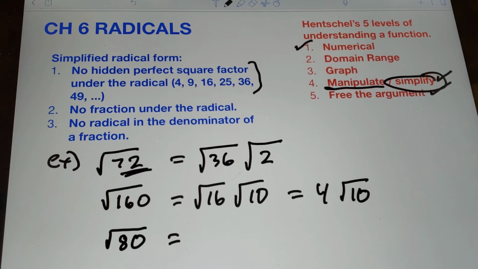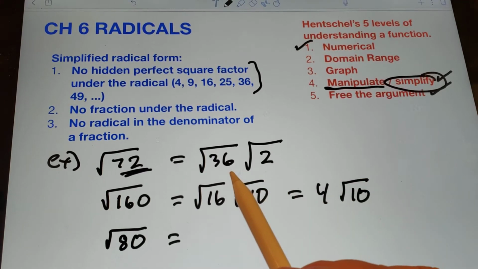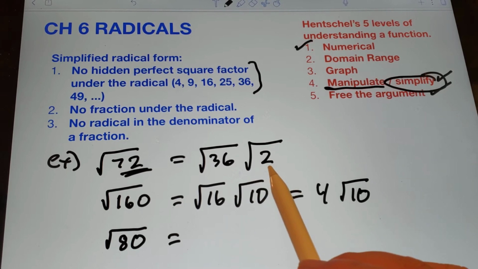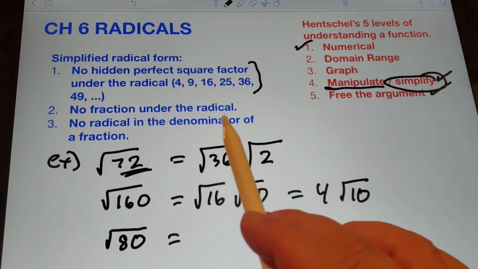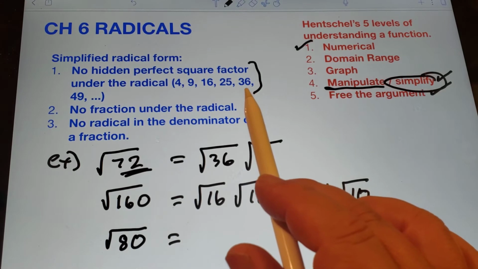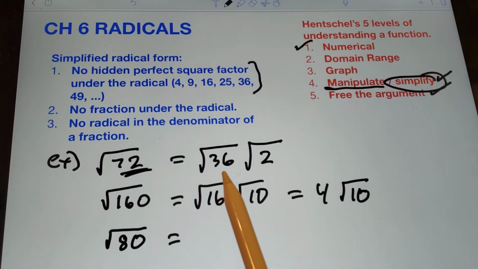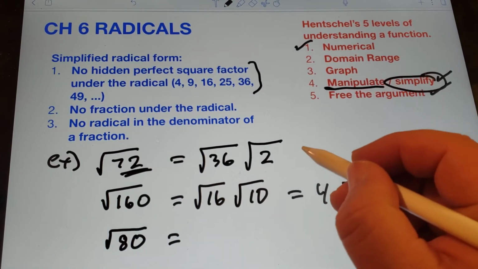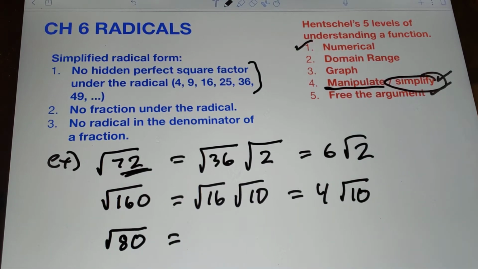And if you wonder how you were supposed to think of 36, this is one of those things I mentioned the first day of class: to succeed in algebra, you need to be a master of this big times small. And just noticing that it's even, back to this, this is one of your favorite numbers. So you're looking for it for that reason. Yeah, you just got to be able to recognize this. All right, so that is 6 square root of 2, and mission accomplished. There is no perfect square under the radical.